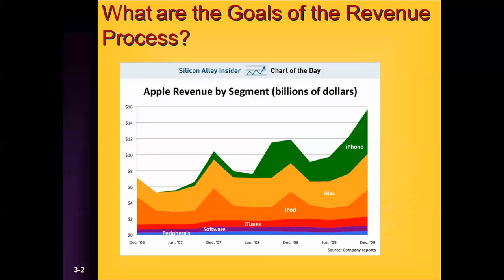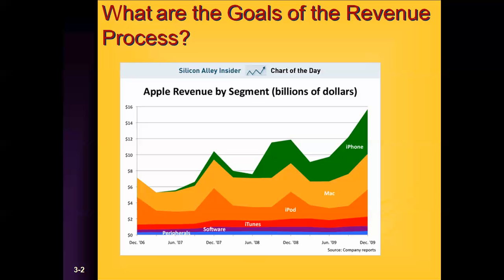As you see on this chart, this is Apple's revenue by their various segments: iPhone, Mac, iPod, iTunes, software. Revenue is obviously the top line of the income statement and a very important factor to all businesses.